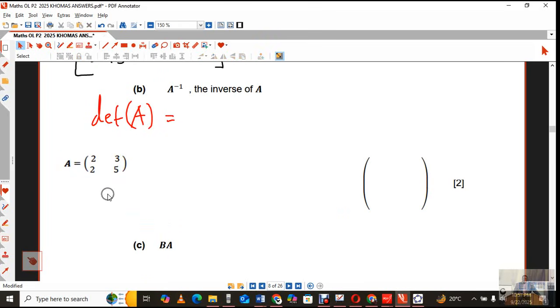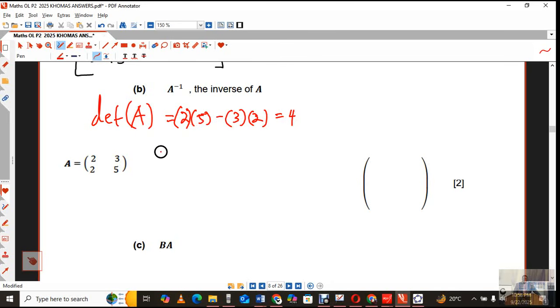Before the actual swap, you multiply 2 times 5, you can put the 2 and the 5 in brackets, minus 3 times 2. So you multiply the leading diagonal and the minor diagonal, okay? This value is 10 minus 6, so this is 4. That's the first thing you need to do.